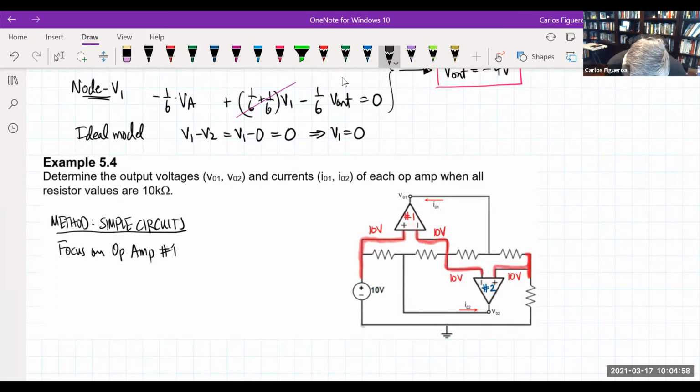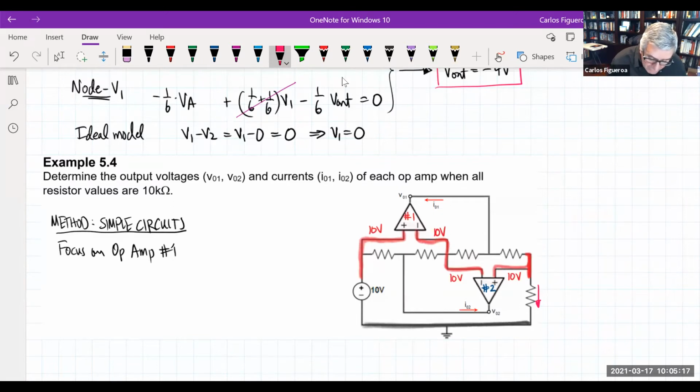And then of course, we know that this is my ground here. Now, if this is my ground, then that means here that there is a current that's flowing in this direction.